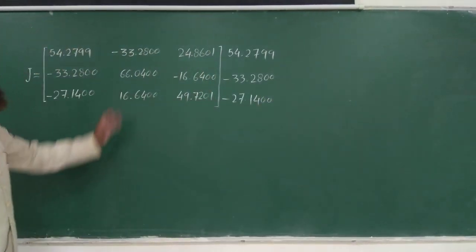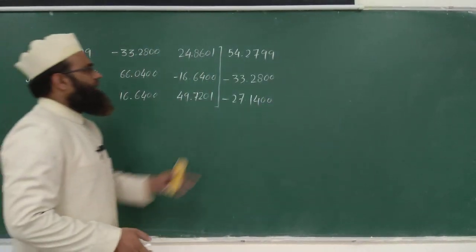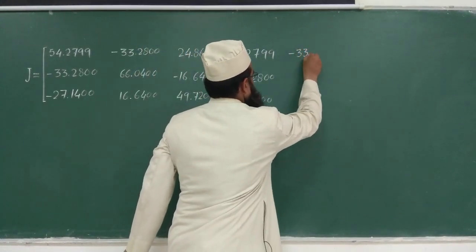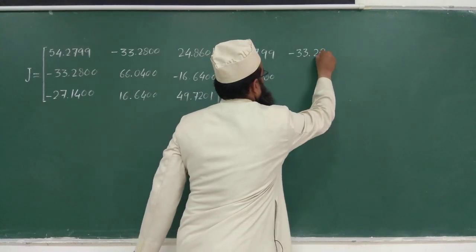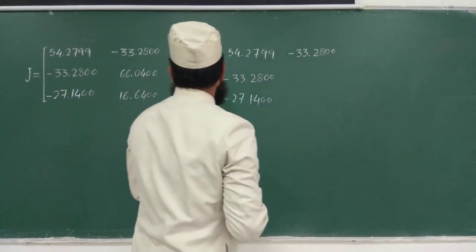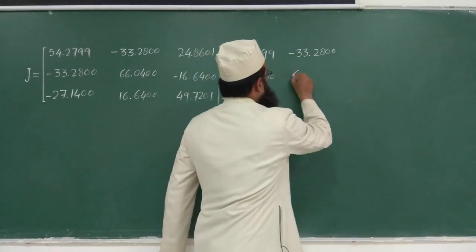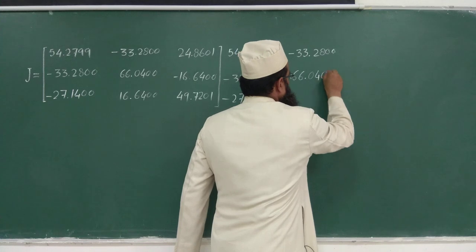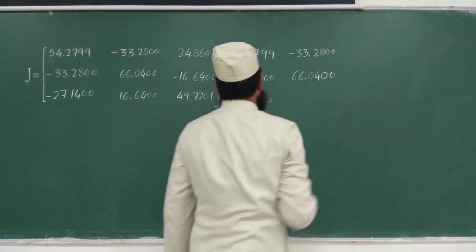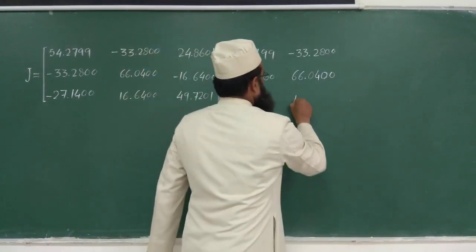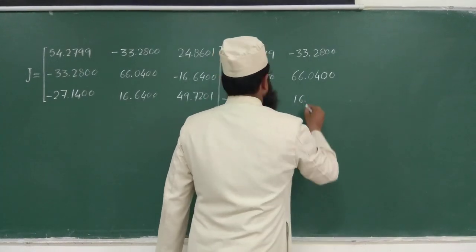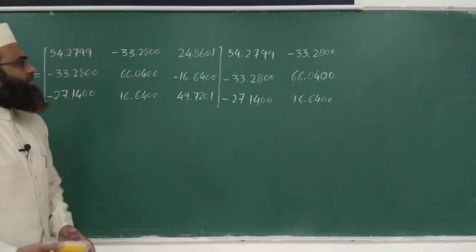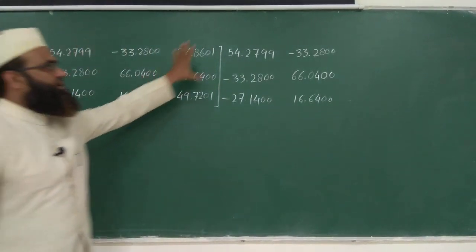Similarly, copy the elements of the second column and paste here: minus 33.2800, quickly write down 66.0400 and 16.64. So we have copied the first two columns and pasted here, right?